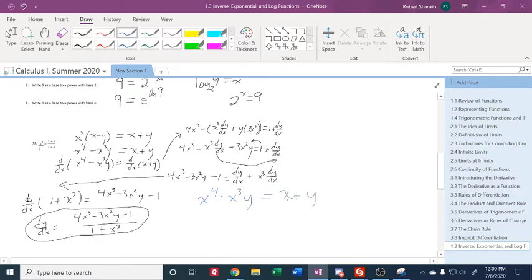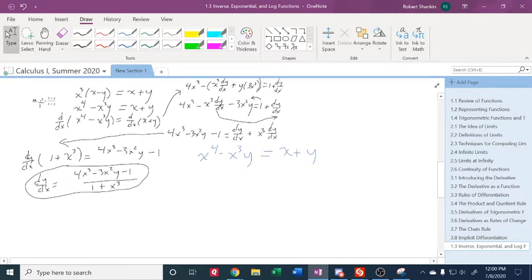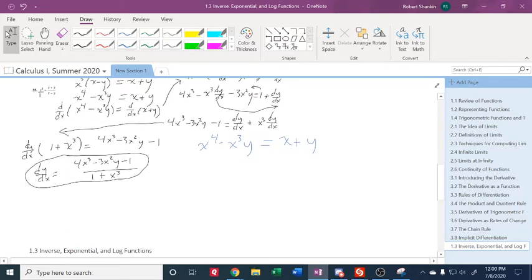I could have actually solved this for y. Most of these problems you can't, but this one, see, because if I move this to this side, move this over here, I'm going to have y plus x cubed y equals x to the fourth minus x. And then factor out a y.